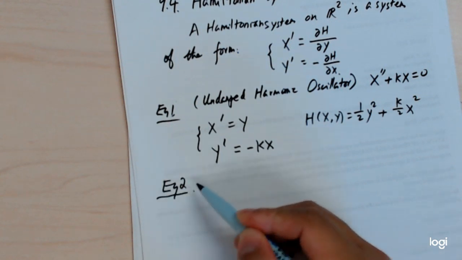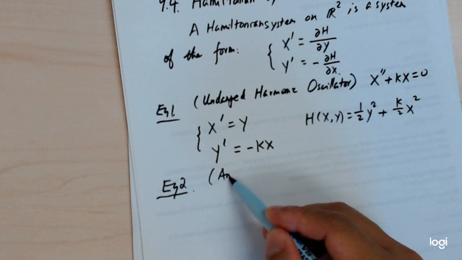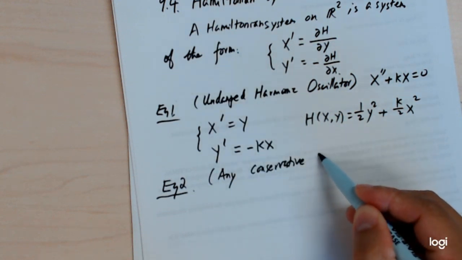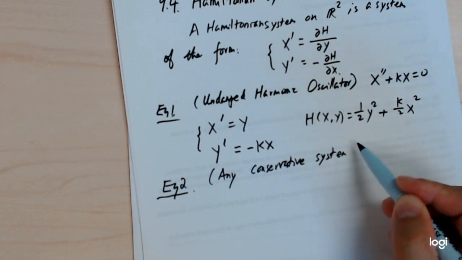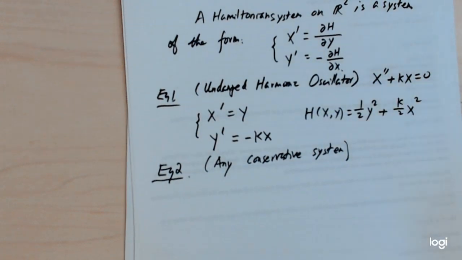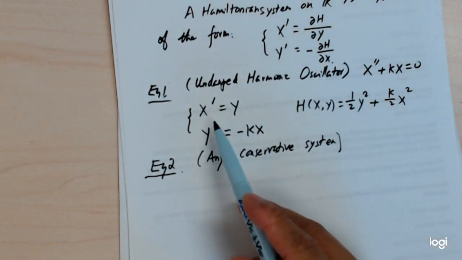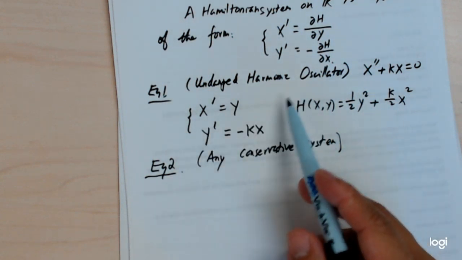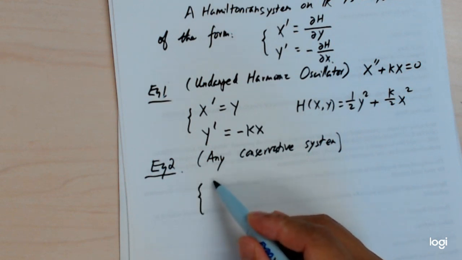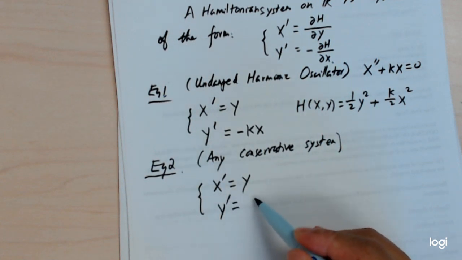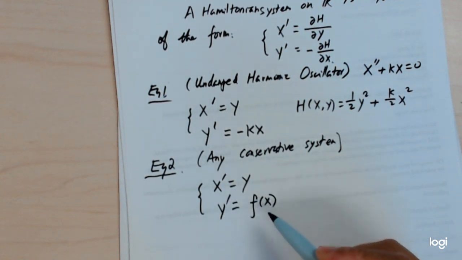Example number 2: any conservative system. I guess we're referring to that there is no energy that's going to be lost. Similar to the undamped harmonic oscillator, the conservative system looks like this. x prime is y, and y prime turns out to be just a function of x, any function of x.